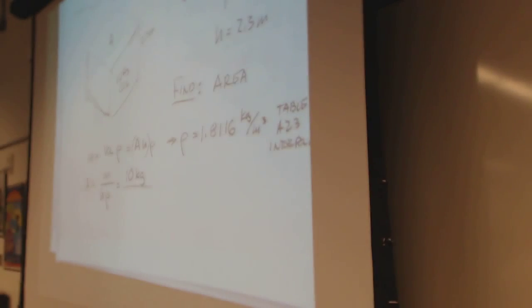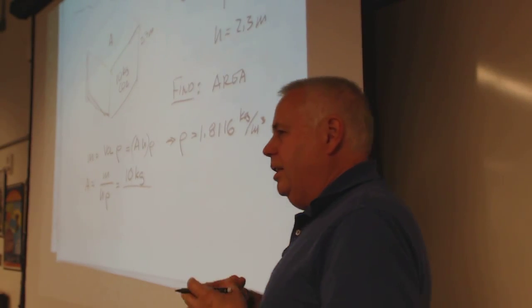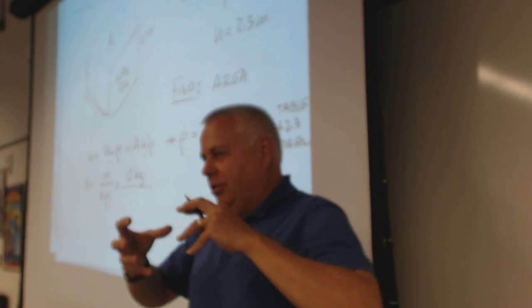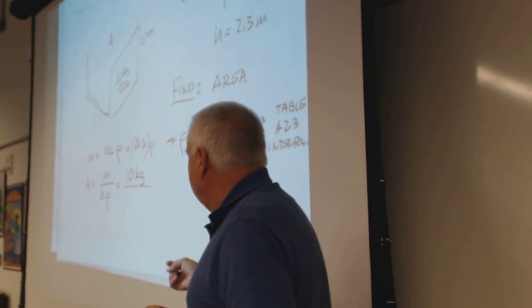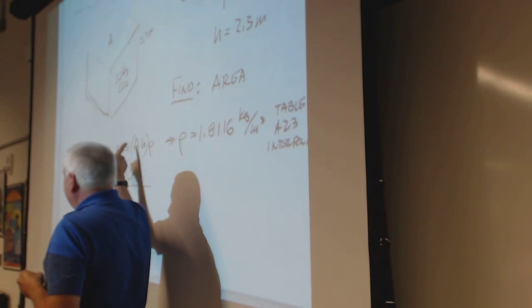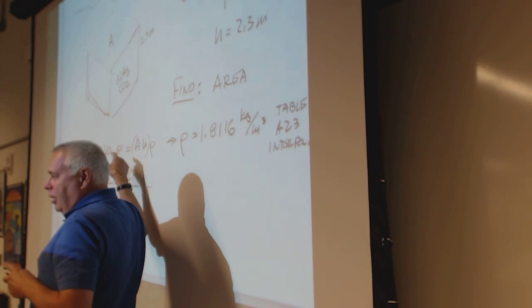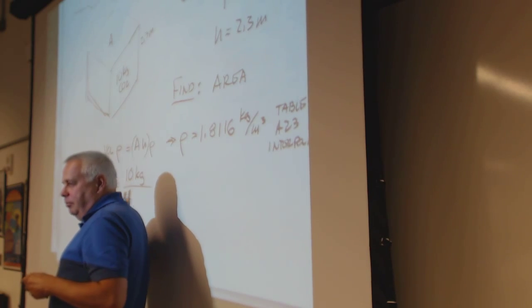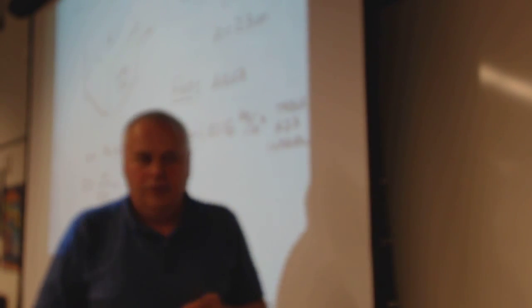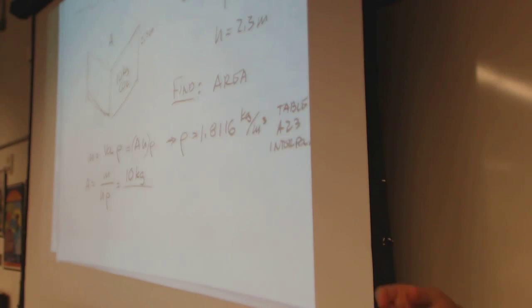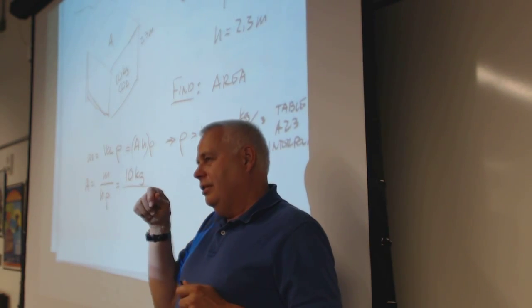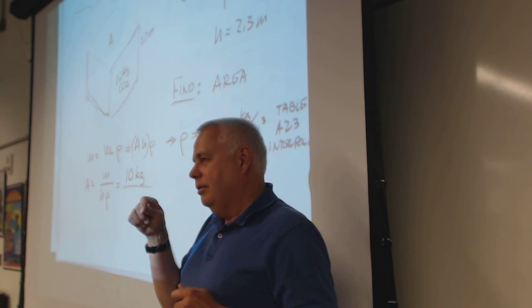So with formulas, you get a standard basic formula, and then you use algebra to solve the formula. Don't take this and start putting numbers in here. You get confused. Always solve the formula first for what you want, and then put in your numbers. And before you actually crank the numbers, make sure that your units are working out.